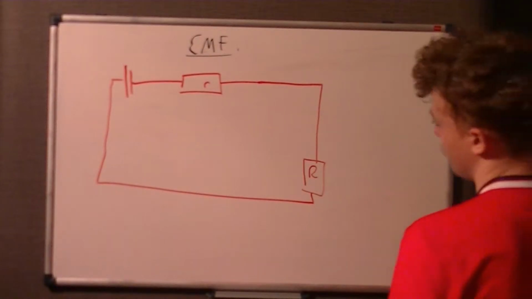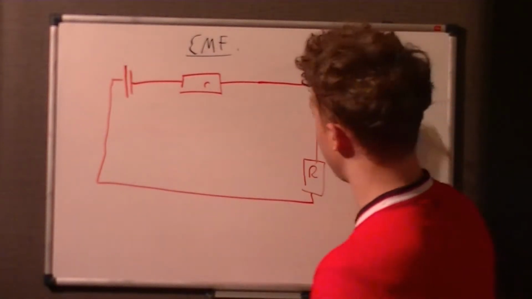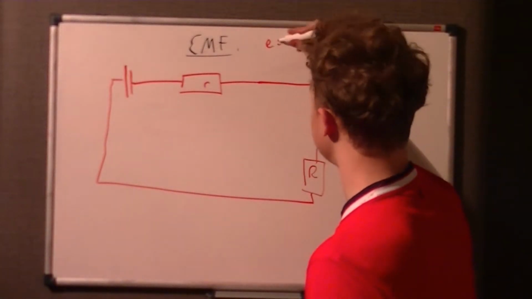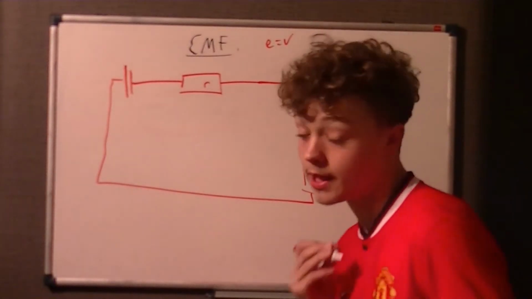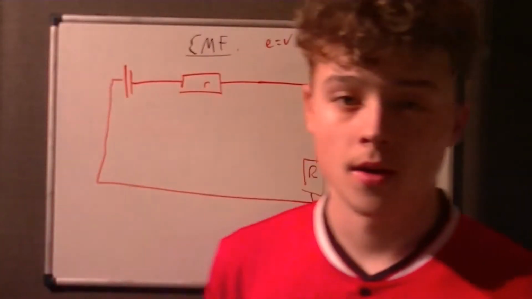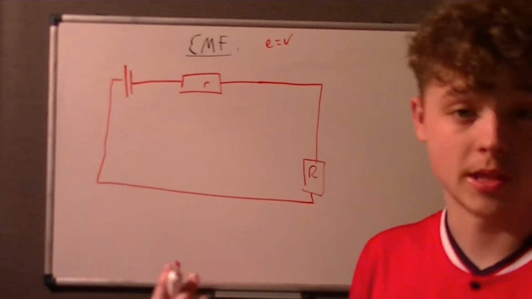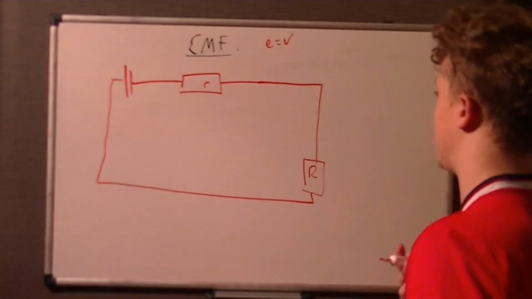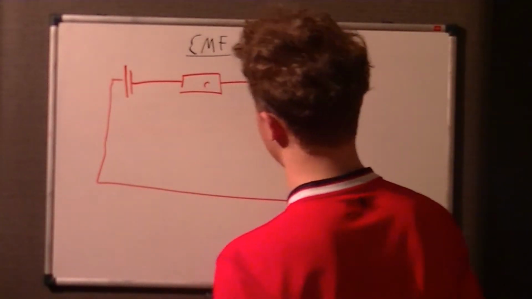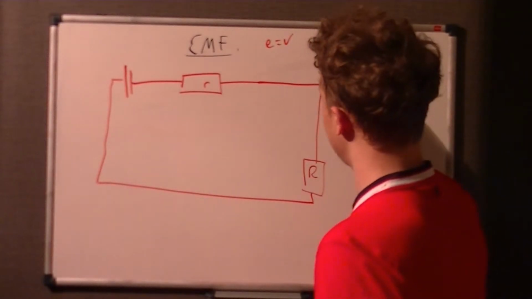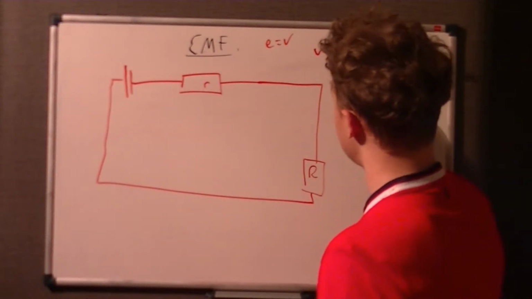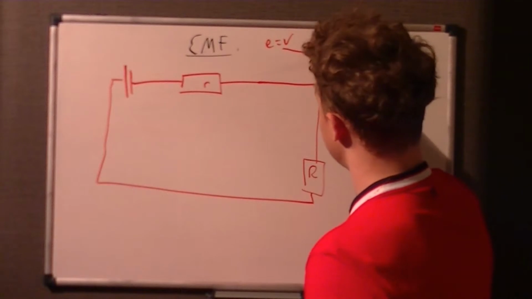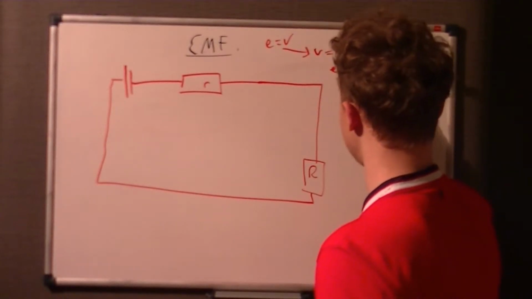So, just going to put it out there that electromotive force is equal to the potential difference. That is just something you need to know. I'm not going to spend too much time going into that because I'm going to try and keep this a bit short. So, E equals V. So we know V equals IR. We substitute E into that, so we've got E equals IR.